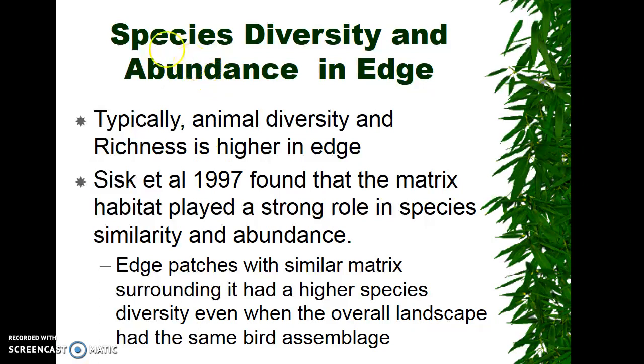There has been a lot of research done on this. Sisk et al. in 1997 were looking at bird species along edge habitat, and they realized that edge patches that had similar types of habitat, similar elements as the matrix surrounding that edge, had a higher species diversity within the edge than in the broader landscape, even though all the species present in the edge were present in the broader landscape, but not in the same densities.